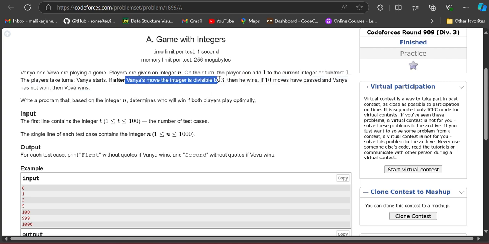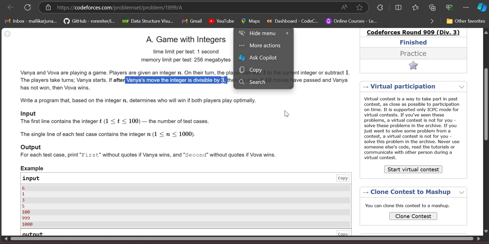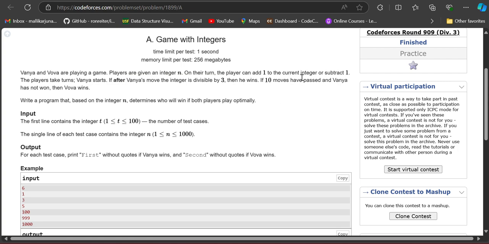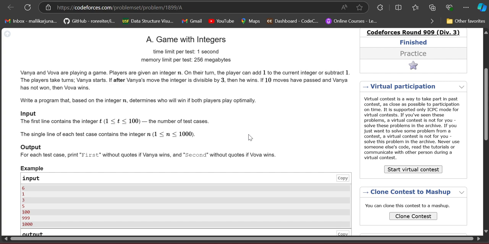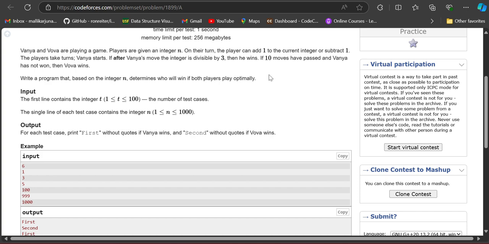After performing this operation 10 times, if Vanya has not won, then Vova wins. Write a program that, based on integer n, determines who wins if both players play optimally.